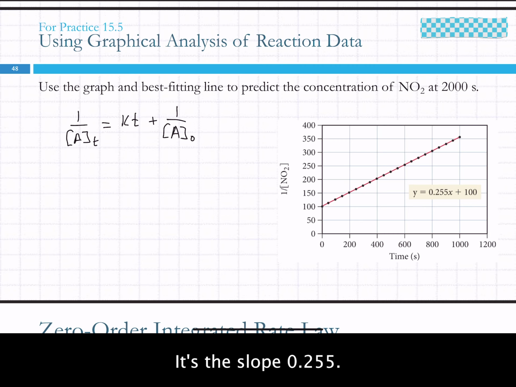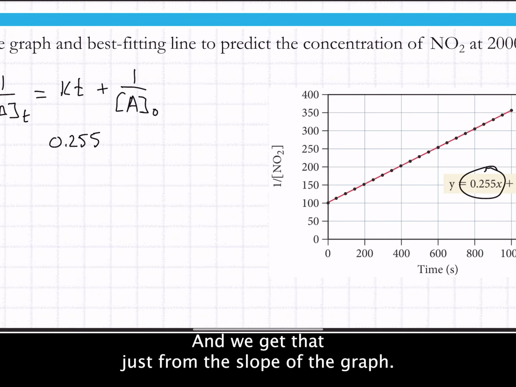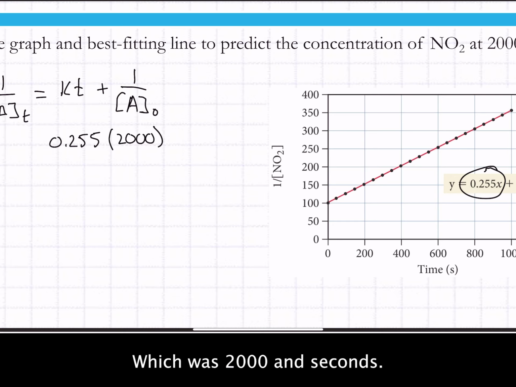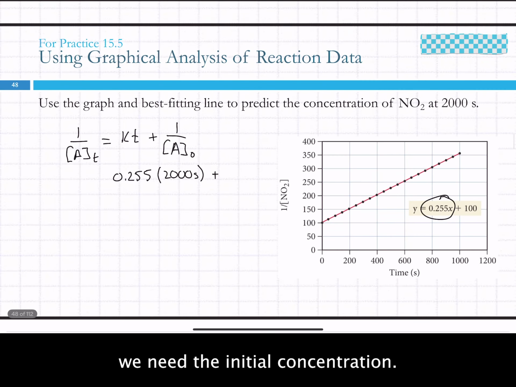It's the slope, 0.255. And we get that just from the slope of the graph, right? And we can plug in time here, which was 2,000 seconds, plus we need the initial value, 100.